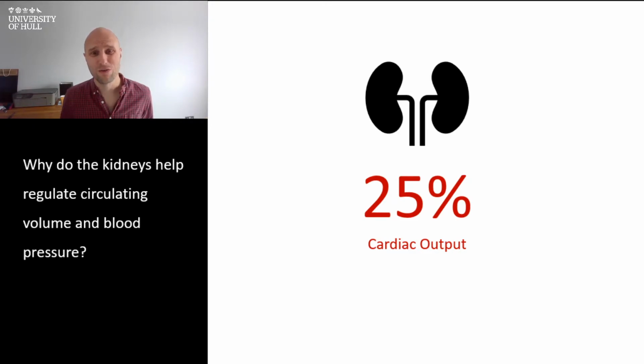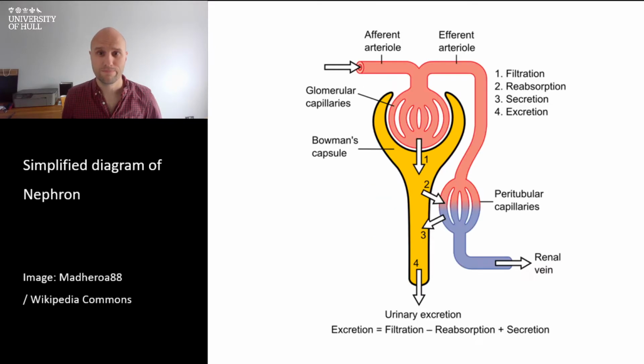The kidneys have a vested interest in maintaining cardiac output and blood pressure, because they receive, and they need to receive, about a quarter of the blood supply, so about 25% of the cardiac output every minute, in order to perform those functions that we just highlighted.